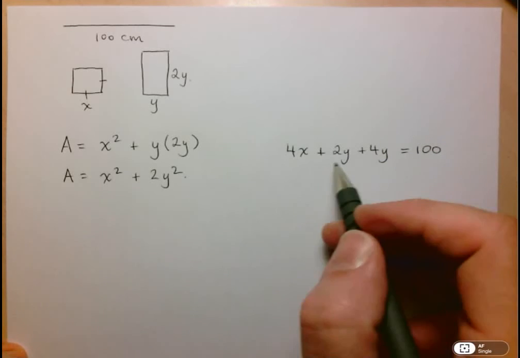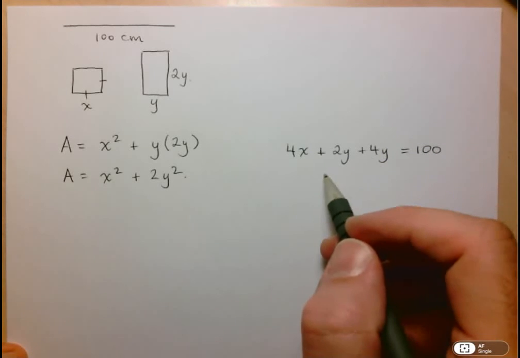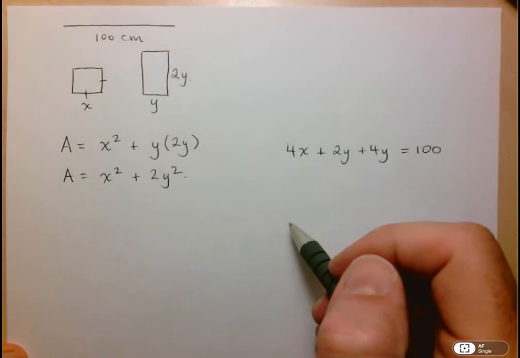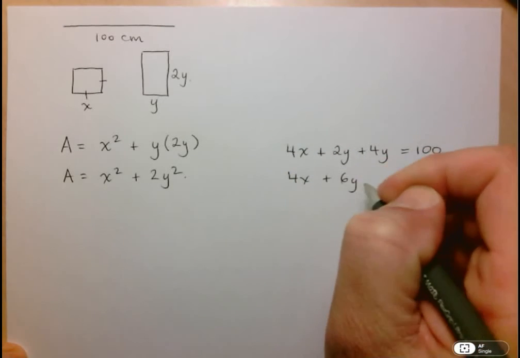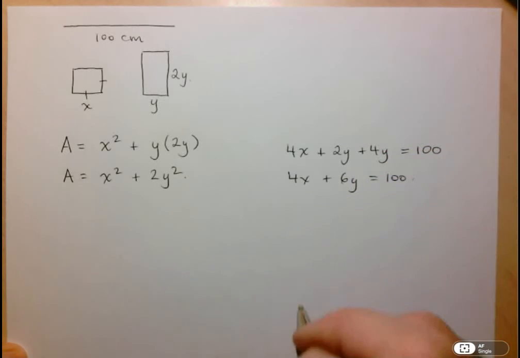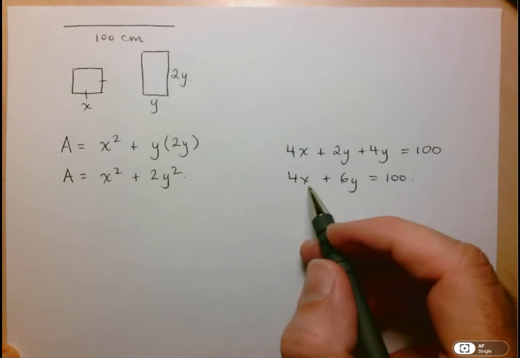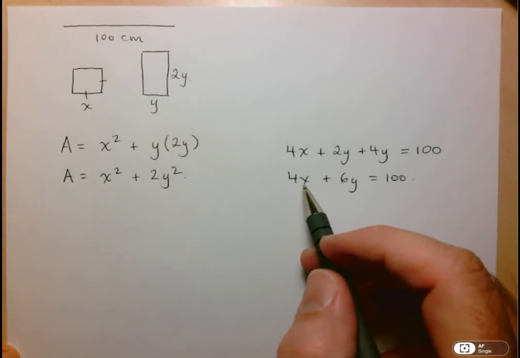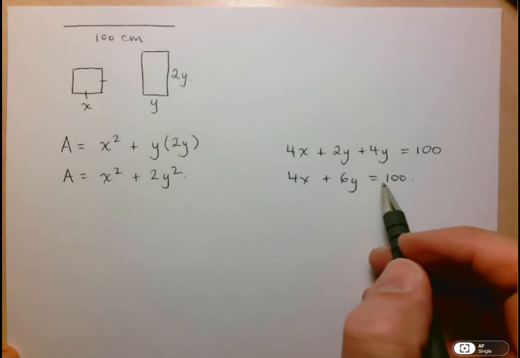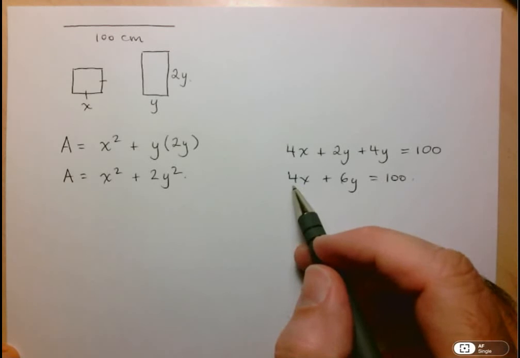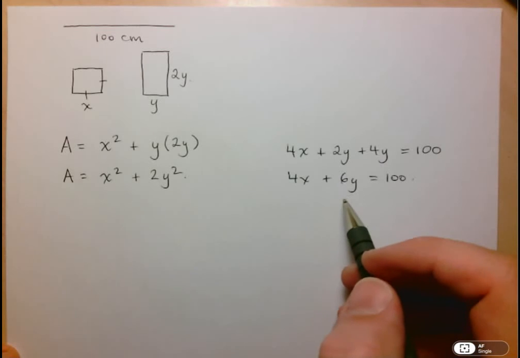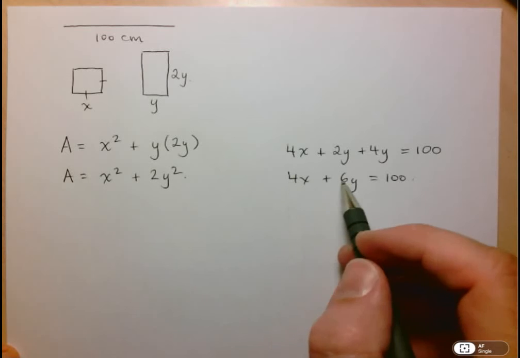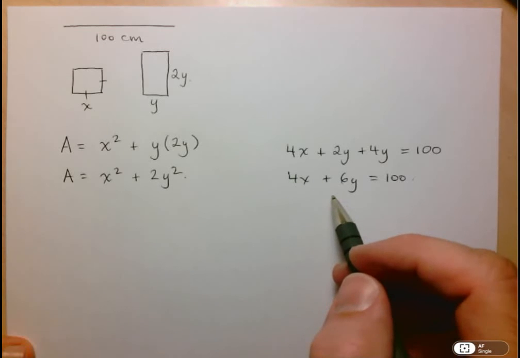Now we'll isolate one of our variables and then input it into the equation. So here we've got 4x plus 6y is equal to 100. I have to isolate either x or y. I'm going to choose to isolate x because, first of all, 100 is perfectly divisible by 4, and then 6 divided by 4 gives us a nice decimal, just 1.5, as opposed to 4 over 6, which is 2/3, which can't be written so nicely in decimal form.